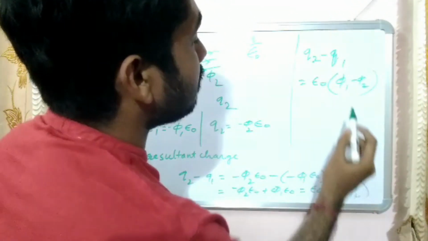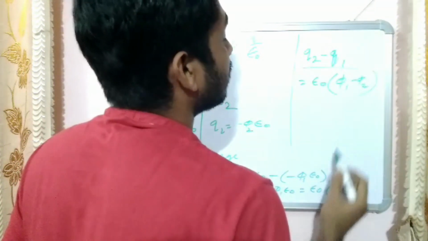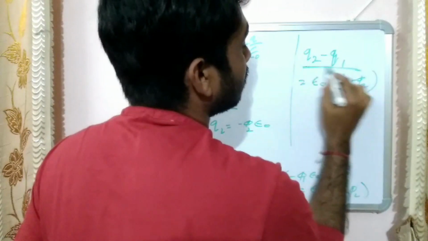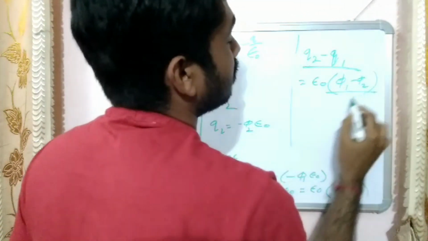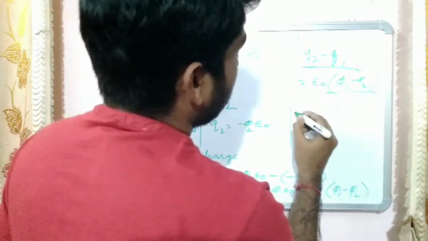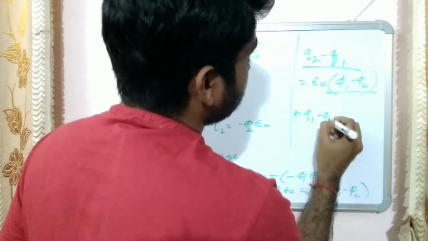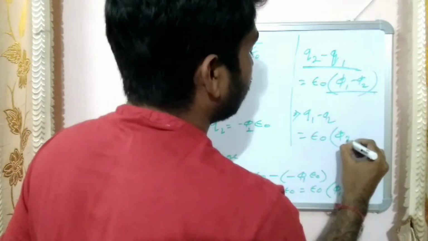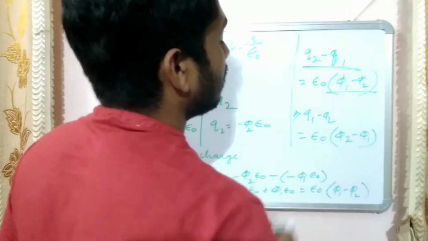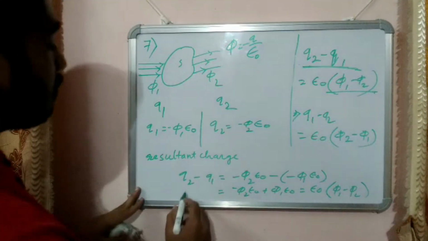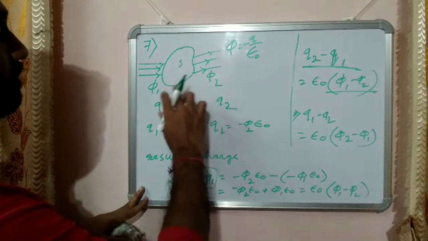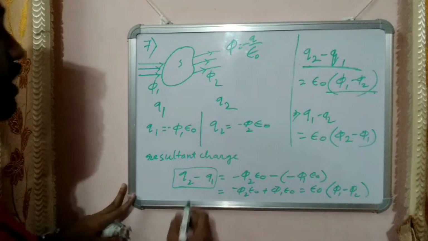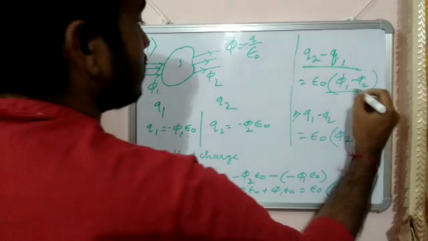Keep in mind that if it is Q2 minus Q1, then it will be epsilon 0 times phi 1 minus phi 2, and if it is Q1 minus Q2, it will be the opposite. So keep in mind that you have to calculate the resultant charge, that is the leaving flux minus the entering enclosed flux. So you have to do Q2 minus Q1, and the answer is this.